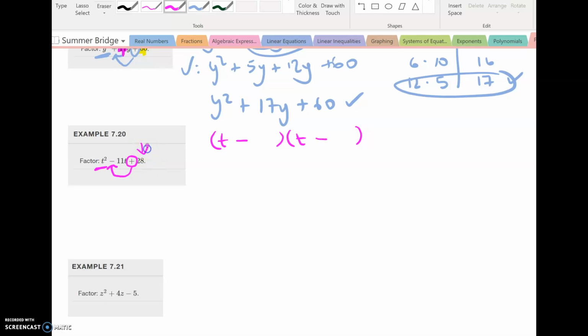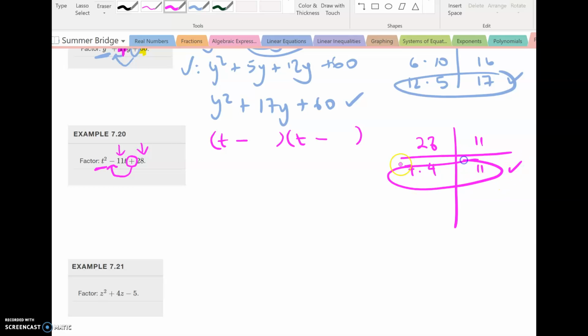I look for what multiplies to give you 28, but adds to give you 11. So multiply to give you 28, add to give us 11. So how about 7 times 4? Oh my goodness, I hit it off right away.